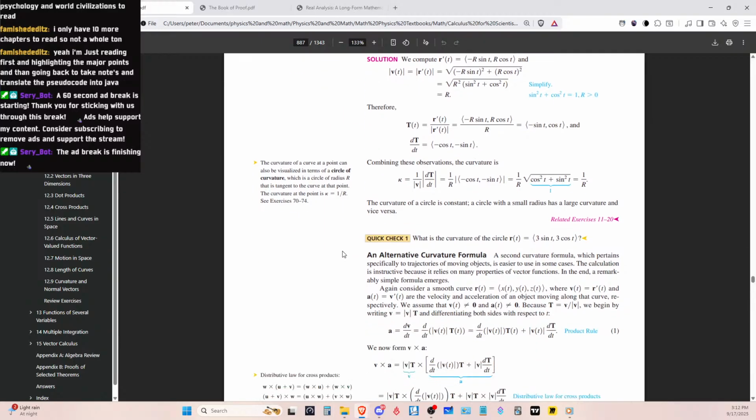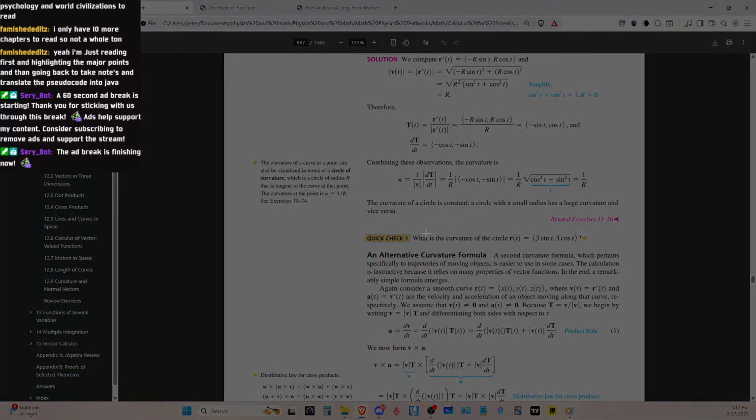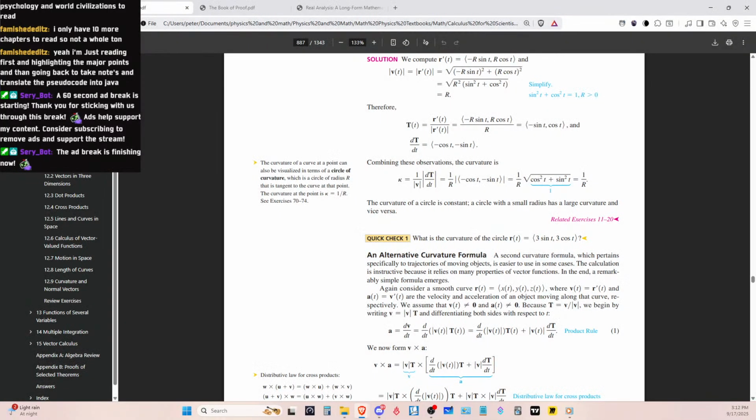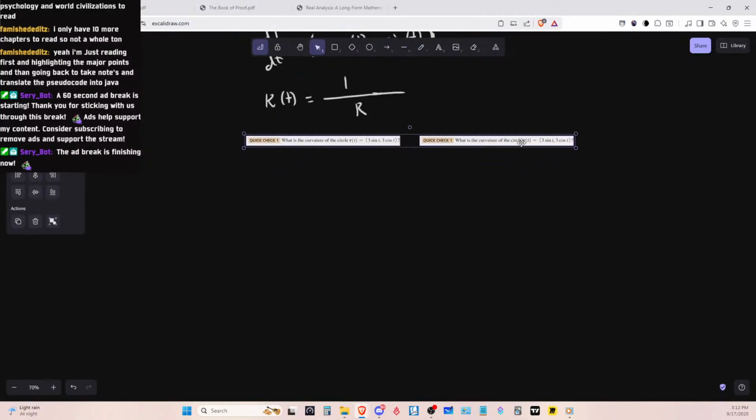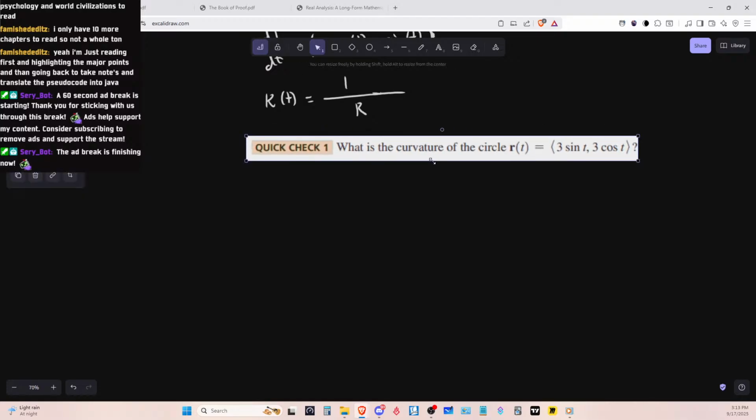Okay, so now we got a quick check here. So we can try to do this. Alright, what is the curvature of the circle? Actually, I should just put little arrows on top. I forgot to do that.